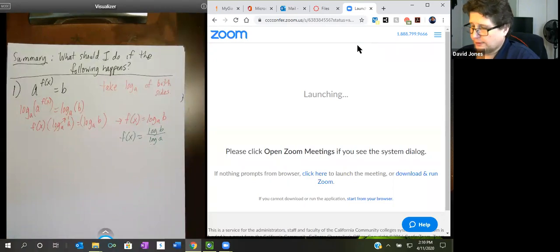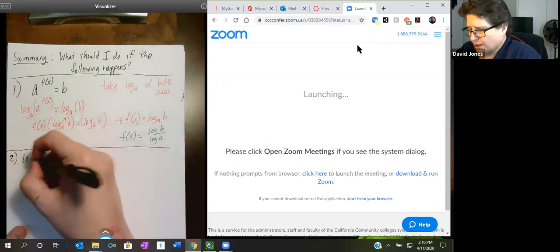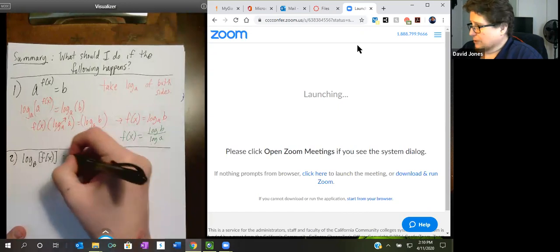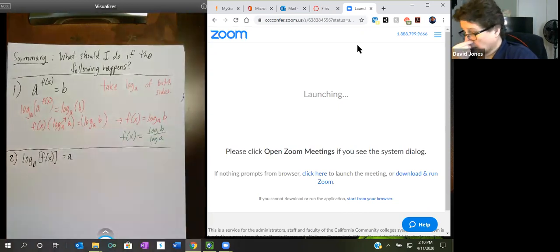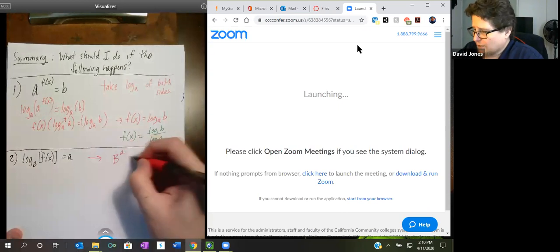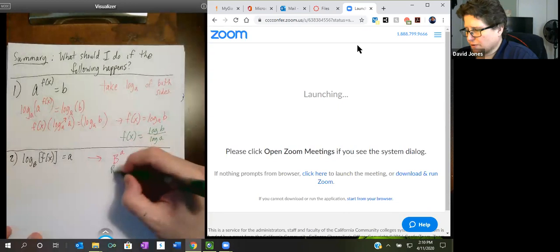Option 2. We start off with log base b of f of x equals a. Here we can convert. Recall, this means b to the a equals f of x. Or treat both sides as an exponent of base b.